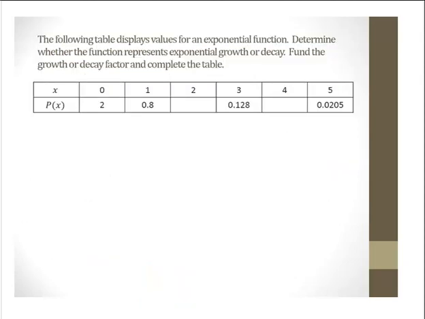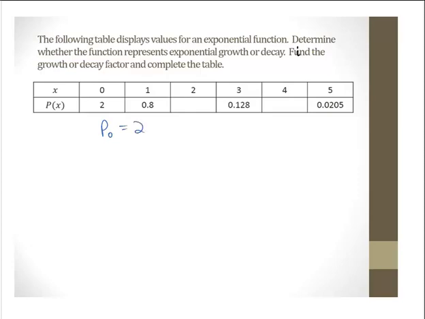The following table displays values for an exponential function. Determine whether the function represents exponential growth or decay. Find the growth or decay factor and complete the table. Alright, so if it's representing an exponential function, but it doesn't go through 0, 1, it goes through 0, 2, then notice my P0 is 2.